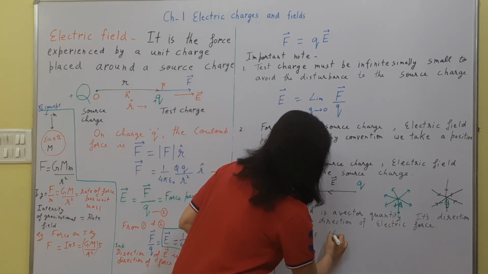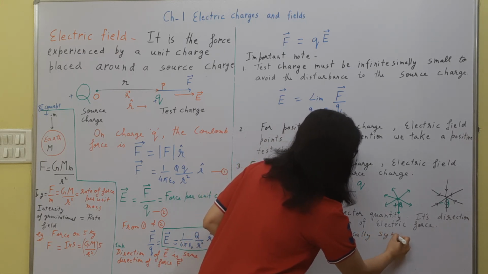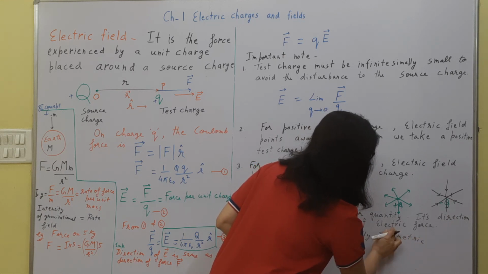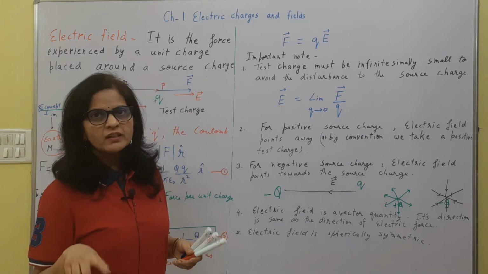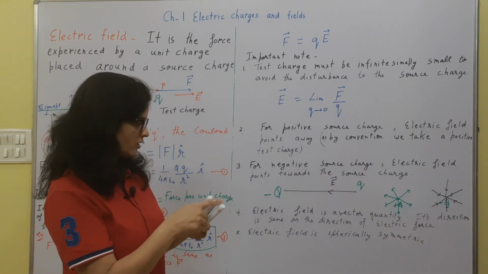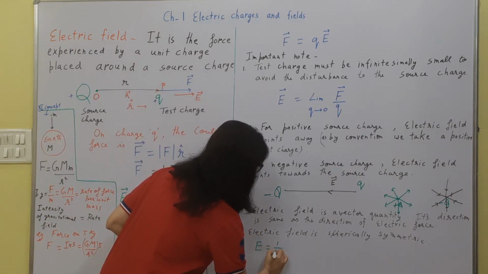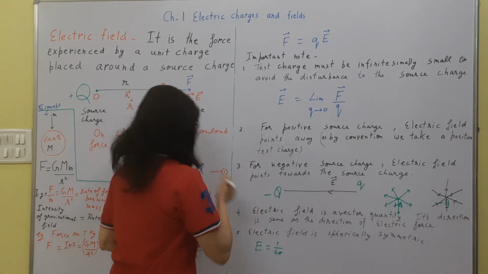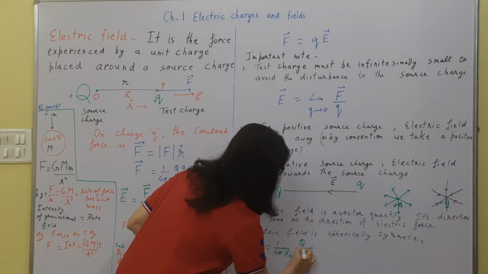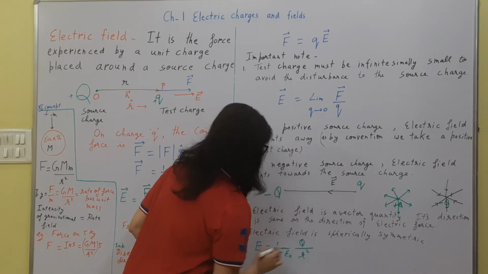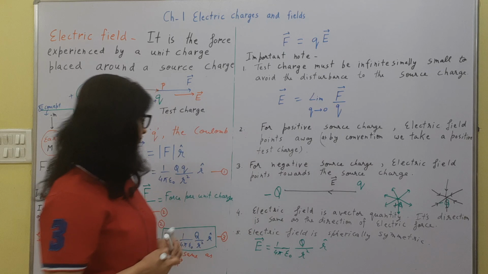Spherically symmetric means what does that mean? At same distance, the value of electric field is same around that point source charge. So the formula is 1 by 4 pi epsilon naught q upon r square. If I am writing in vector form, this will be r cap, right?